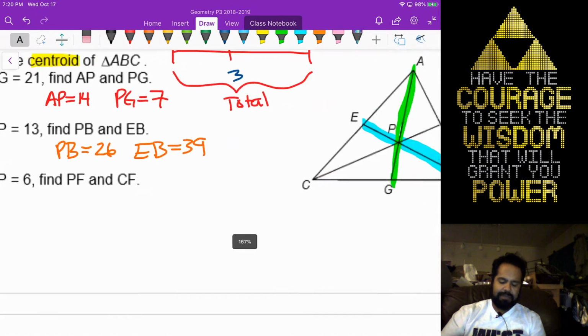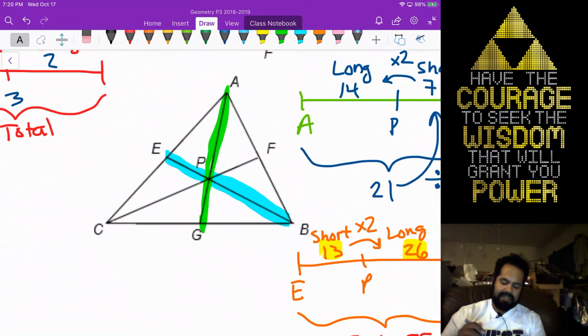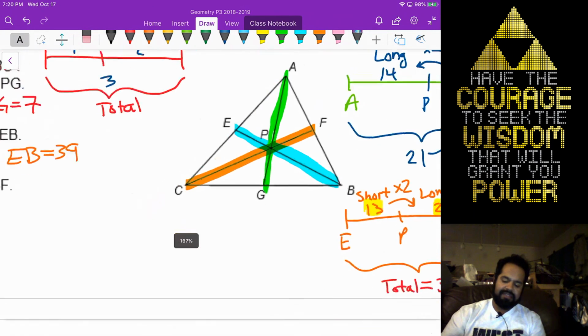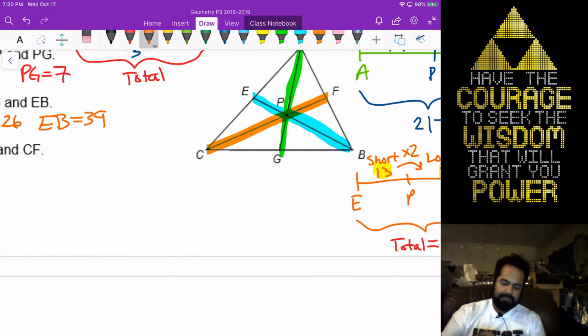Last one, we've got CP. CP is the long part of our line. So we're going to go ahead and say that. I already used blue, green. Let's use black. So C to P is long.